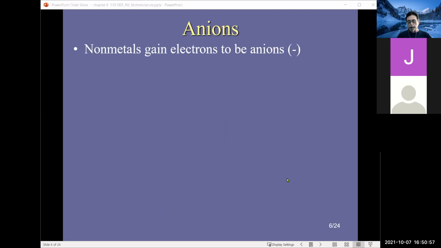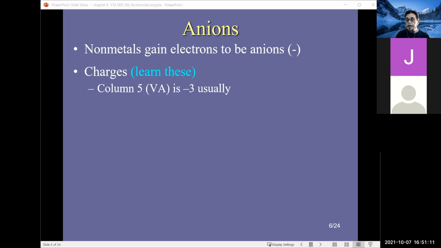Now we know about anions, they gain electrons, okay? But in group 5, like the Roman numeral on the periodic table, those single elements, nonmetals, will have a -3 charge. Not only that, remember this, the anions have a name change. We get rid of the ending and we add the suffix IDE.